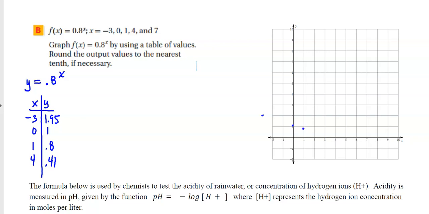When x is 4, I'm at 0.41. So I'm kind of getting smaller and smaller. And so this one's going to kind of come flying down, going something like that. I know I'll never go to 0. But I'll just keep kind of approaching it further and further.